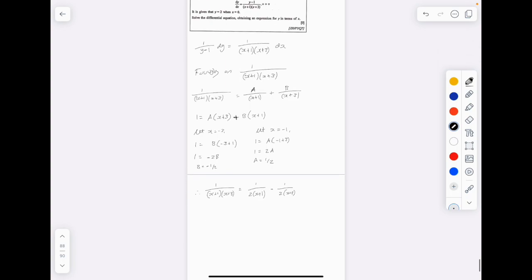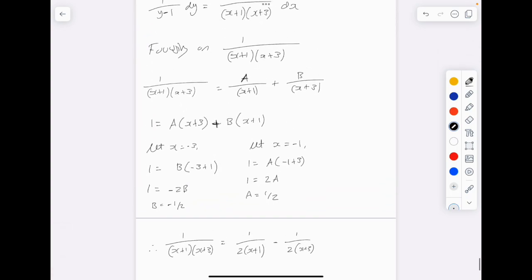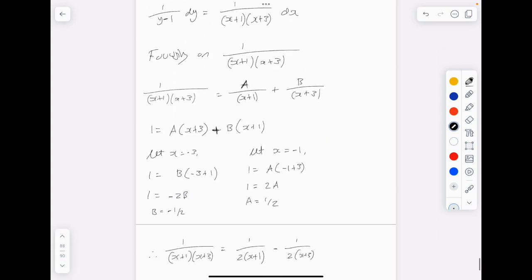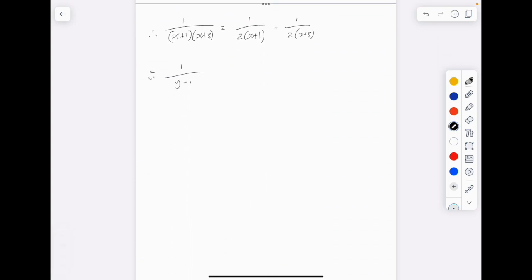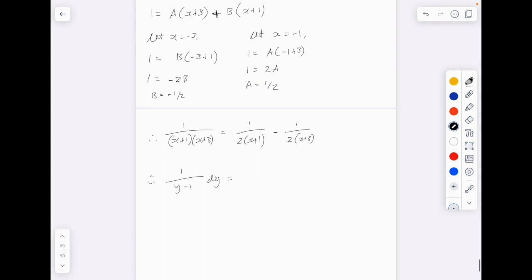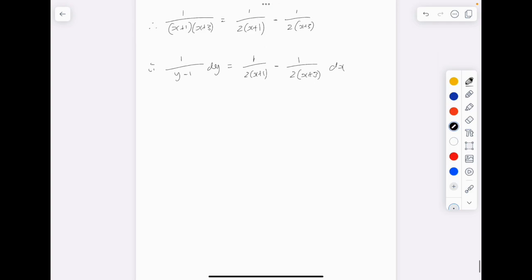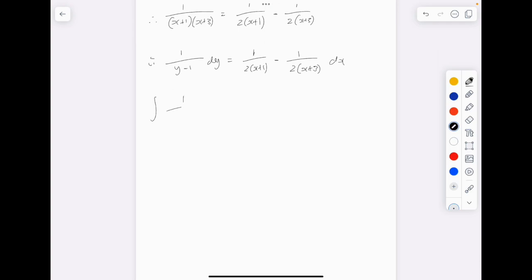Now the next part is to put it together. Okay, so then we therefore have what? 1 over y minus 1 dy. It's going to equal 1 over 2 times 1 over x plus 1 minus 1 over x plus 3 dx. Okay, but now we're going to integrate both sides.